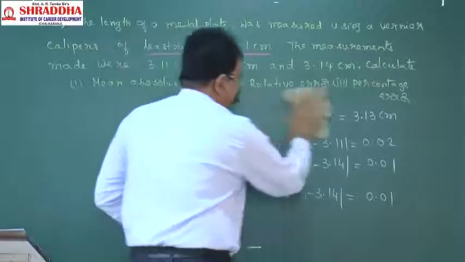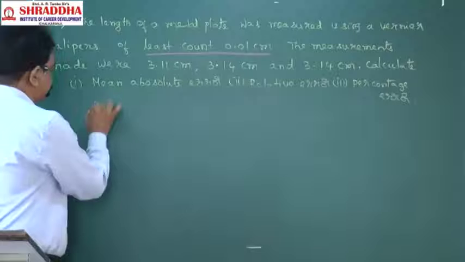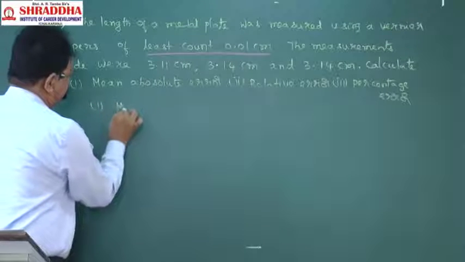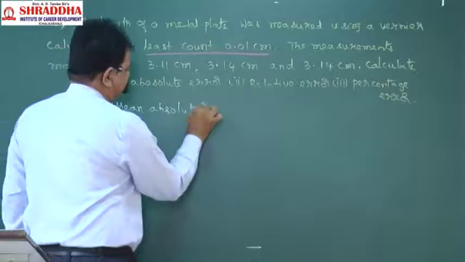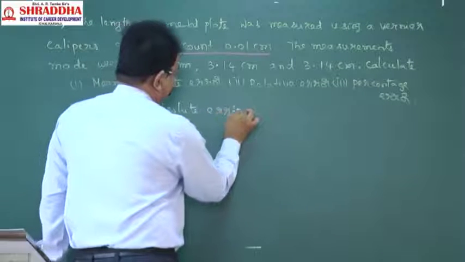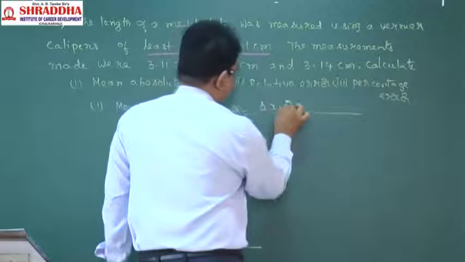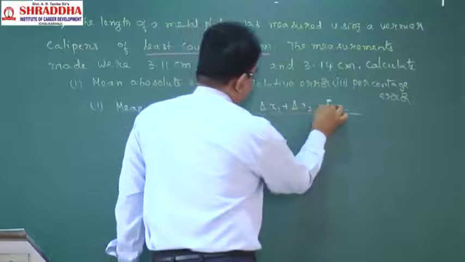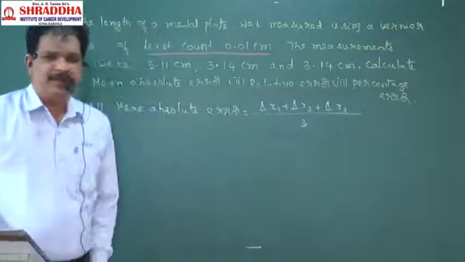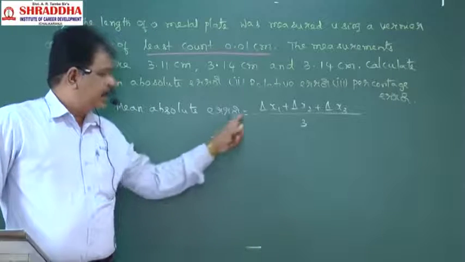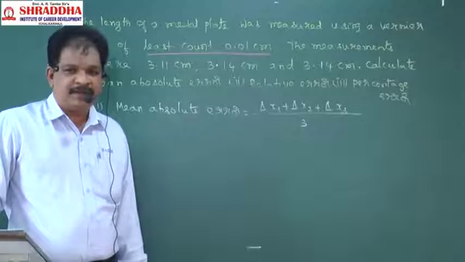So here, first one, mean absolute error is equal to delta x1 plus delta x2 plus delta x3 by 3.